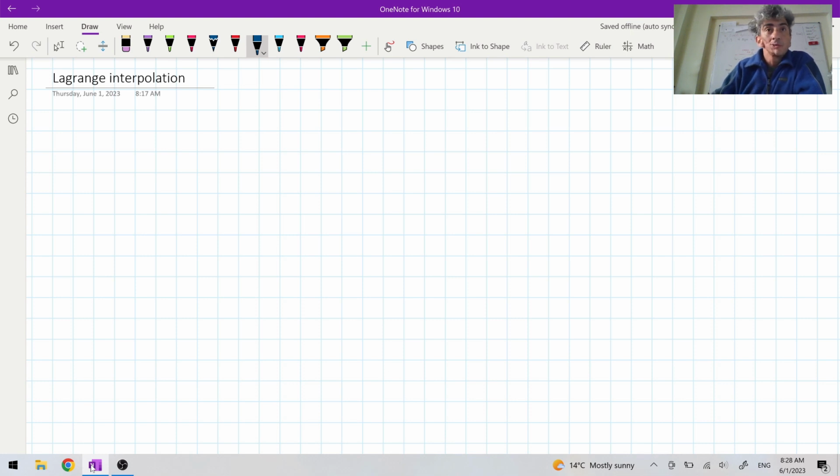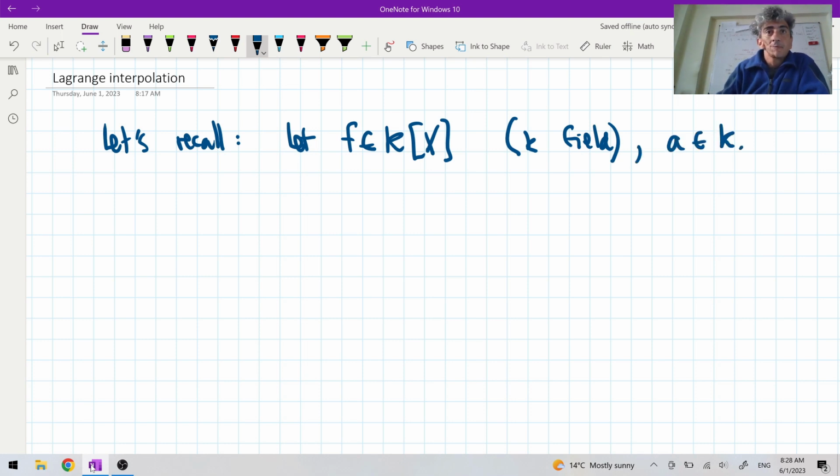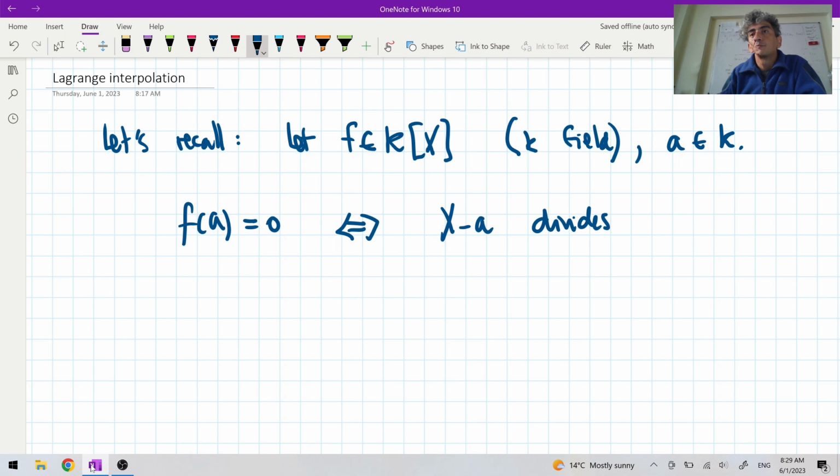Let's recall one of the corollaries of Euclidean division. Let f be a polynomial with coefficients in a field, and let a be an element of the field. Then a is a root of f if and only if x minus a divides f.